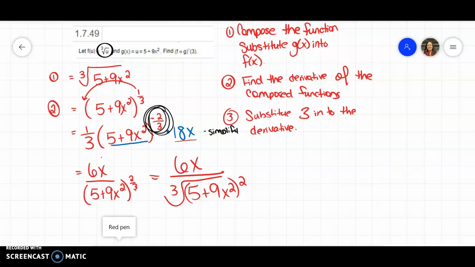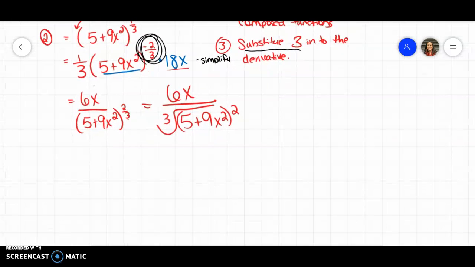Now, if we look at my step 3, my final step, I told you guys that we would need to substitute 3 into that derivative. So I have my derivative, and now I want to substitute 3. So step 3 would involve plugging in 3 into this derivative.